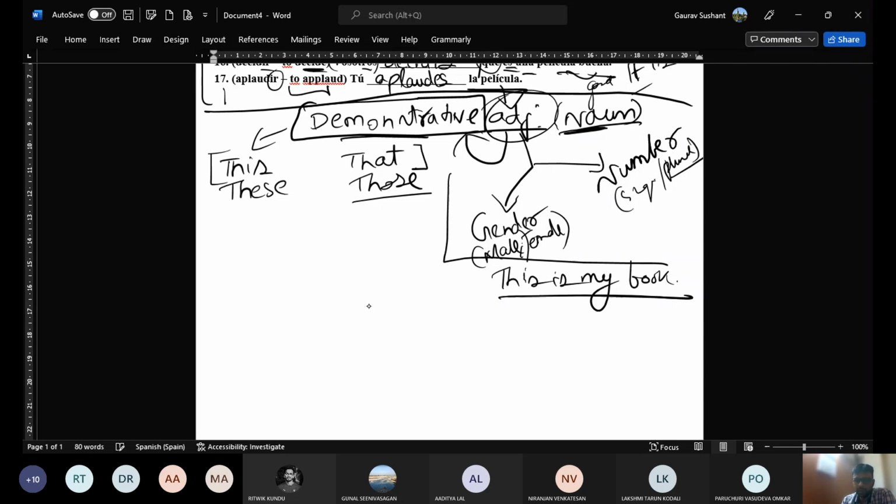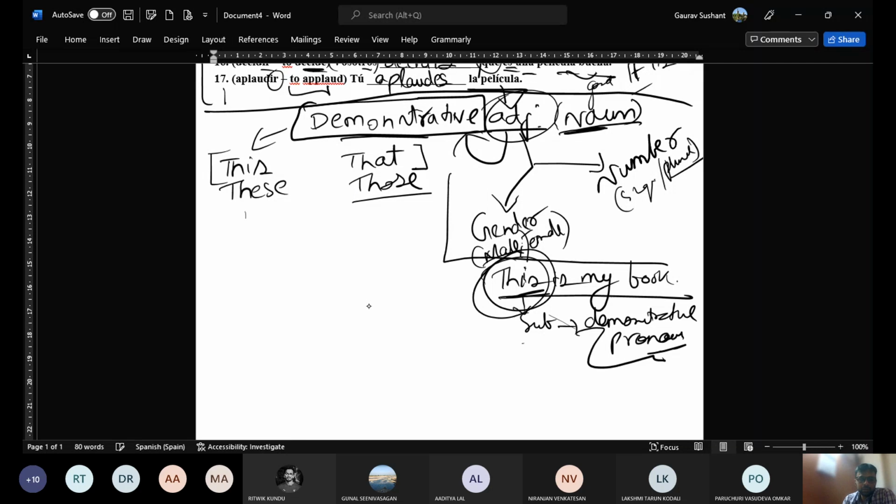Grammatically it is correct, there is no problem, but here you are using this as a subject. So what is this? This is actually a demonstrative pronoun, because here it is directly being used as a subject. I am not talking about the demonstrative pronoun. I am talking about the demonstrative adjective.